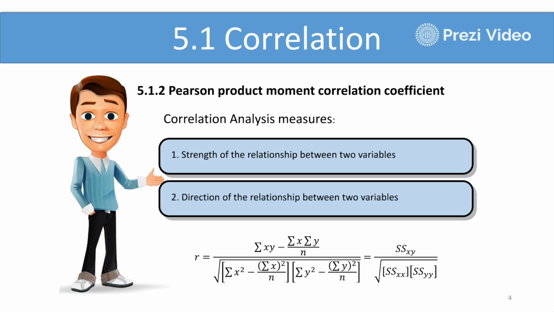In the numerator part is the summation of xy minus the summation of x times the summation of y over n.